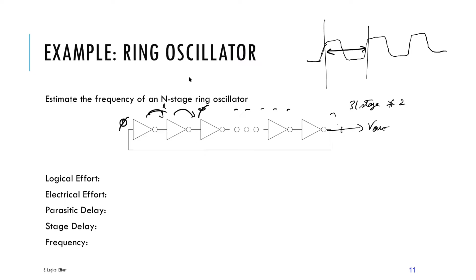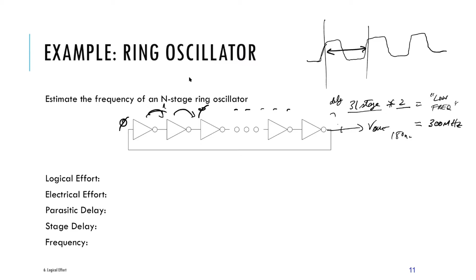So the period is the delay of 31 stages times 2. It would be a relatively low frequency that's easy to measure in the lab. Let's say for a 180 nanometer process, I'm just guessing, this ring oscillator frequency would be, say, 300 megahertz.